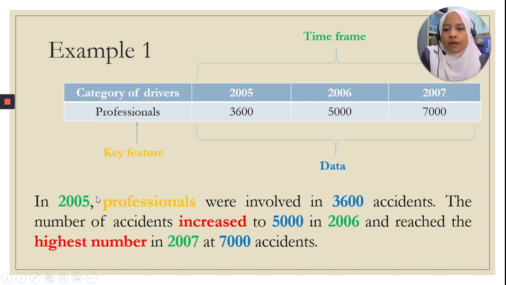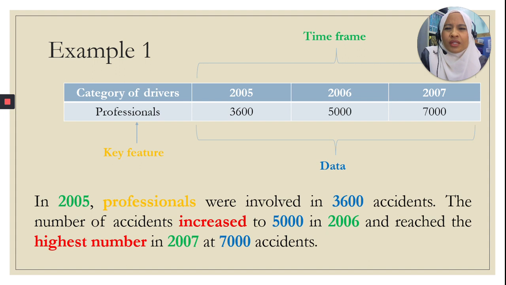The time frame in green, the key feature in yellow, the data in blue, and the trend in red. Okay, so here is an example of an analysis within one key feature across a given time frame.